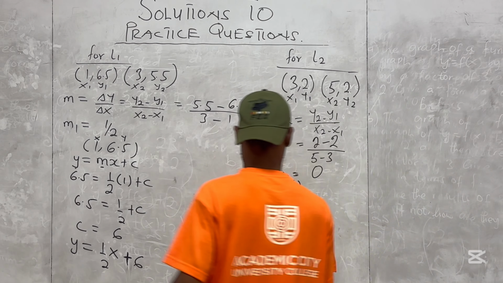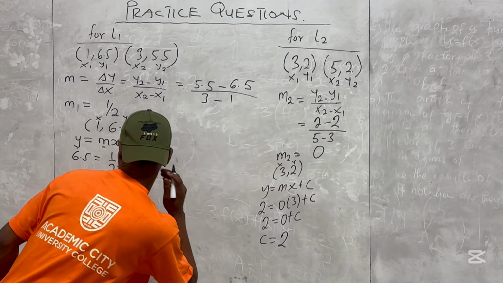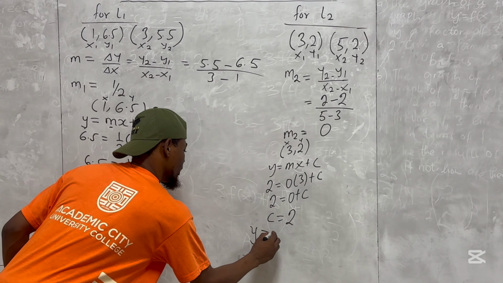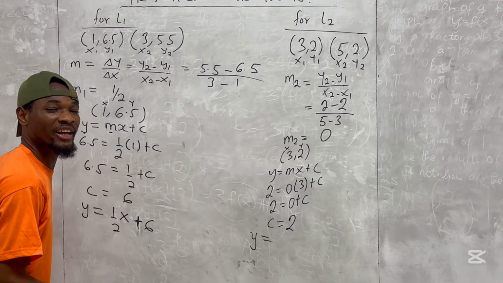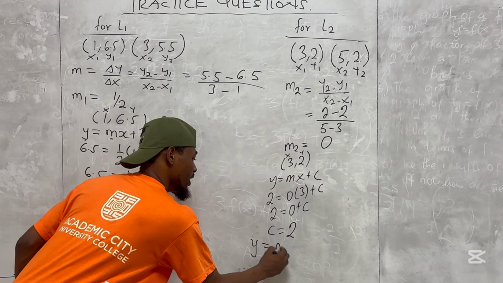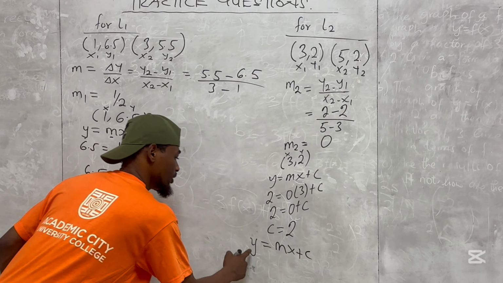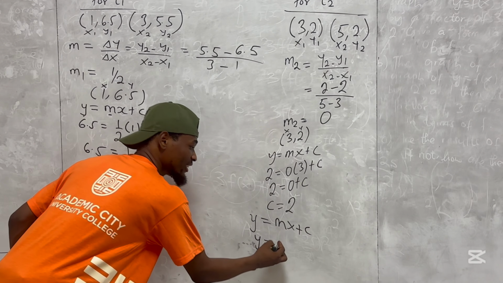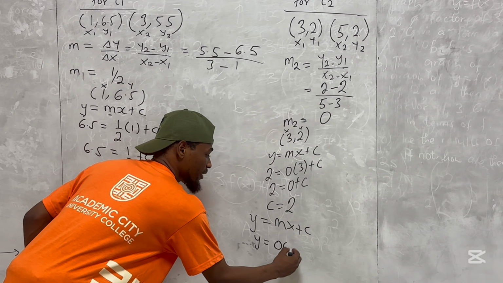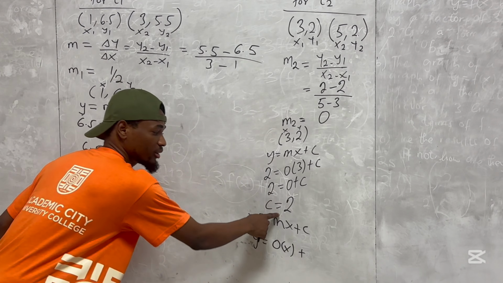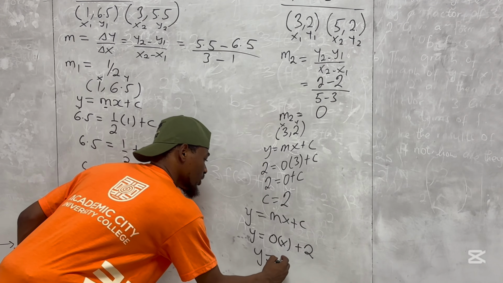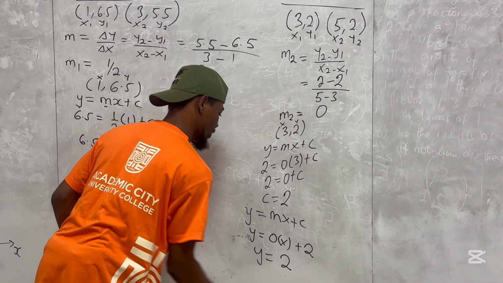So therefore, we know that y is equal to mx plus c. Because the gradient is 0, we have 0 times x plus c, which is 2. So y is equal to 2, this way.